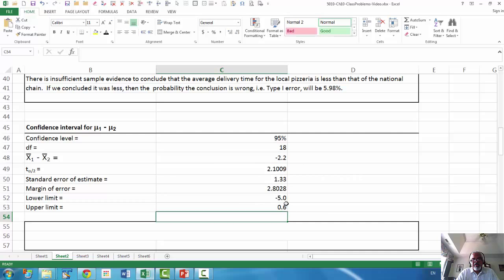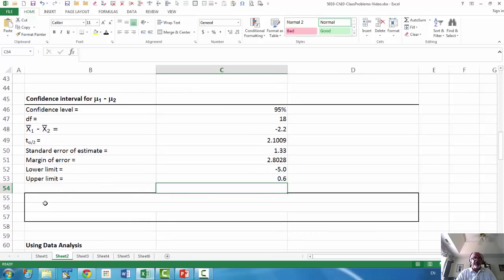And since the interval contains 0 in it, that's another way of looking at the hypothesis test here. And because of that, since 0 is part of our 95% confidence interval, we cannot say that the means are different. So now the interpretation is that we are 95% confident that the difference in the population means will fall within that range.